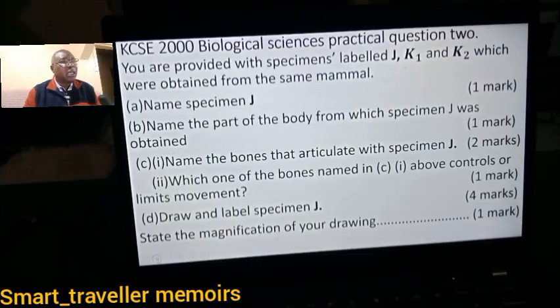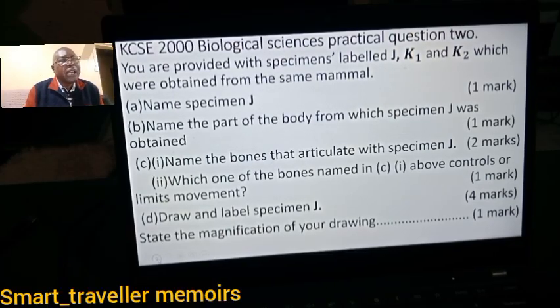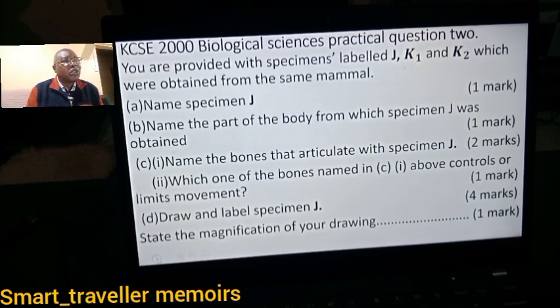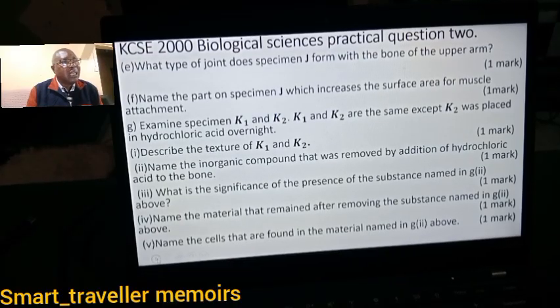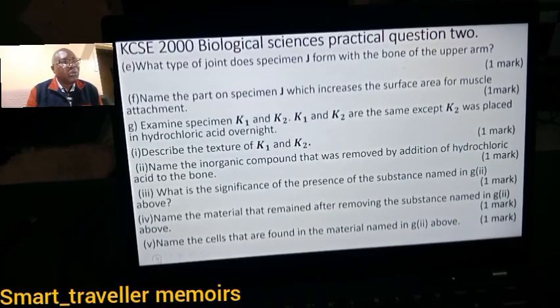Question 2E. What type of joint does specimen J form with the bone of the upper arm? F. Name the part on specimen J which increases the surface area for muscle attachment. G. Examine specimen K1 and K2. K1 and K2 are the same except K2 was placed in hydrochloric acid overnight. Describe the texture of K1 and K2.